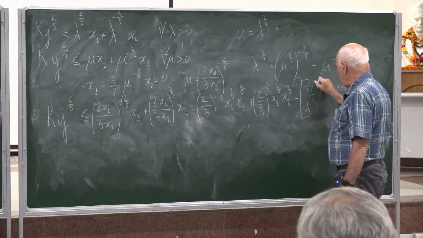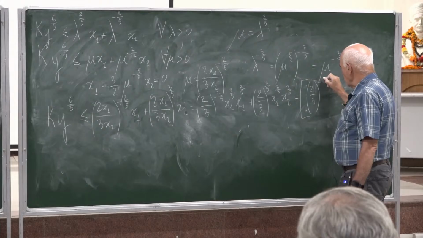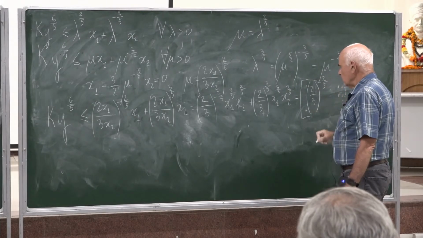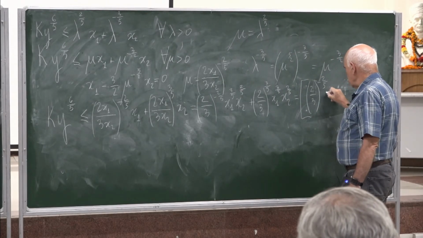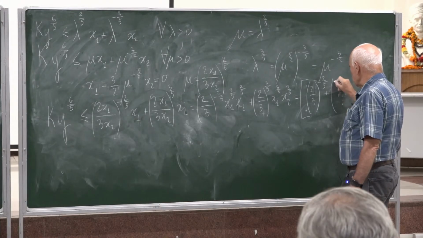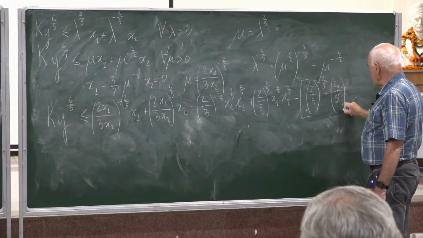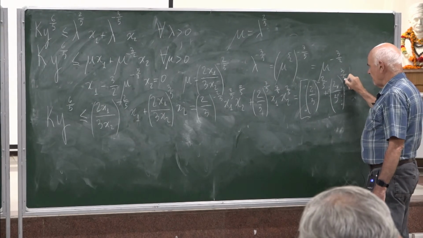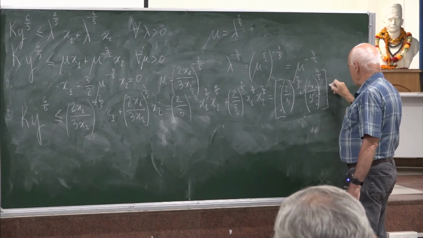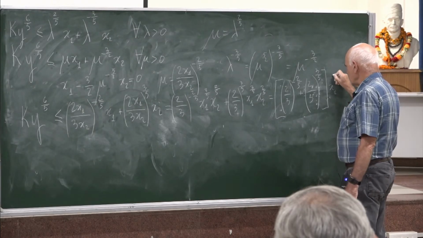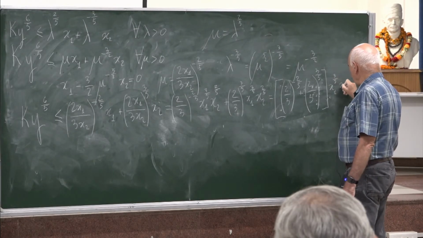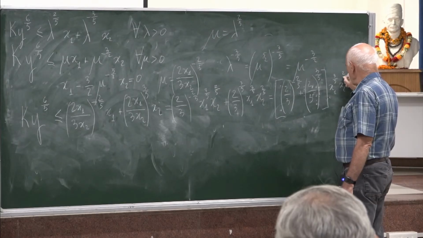(2/3) to the power minus 2 over 5, plus again (2/3) to the power 3 over 5, x1 to the 3 over 5, x2 to the 2 over 5.